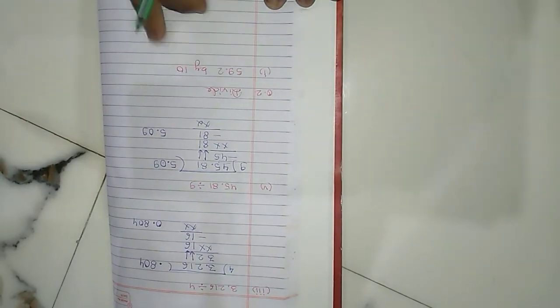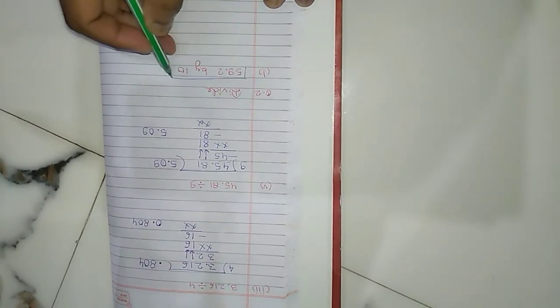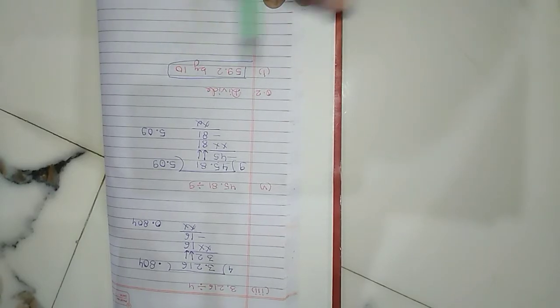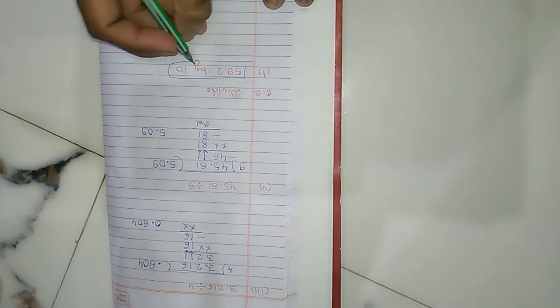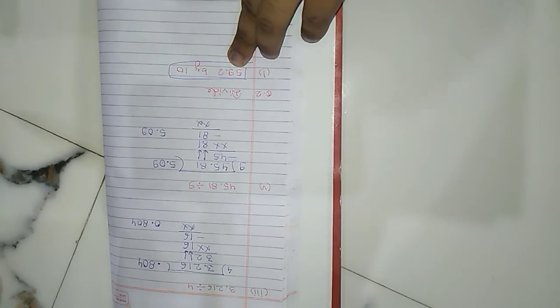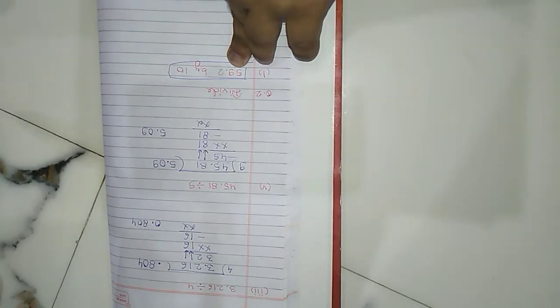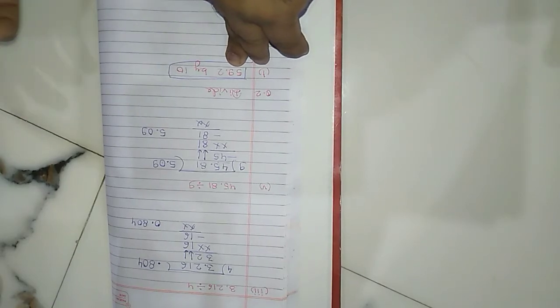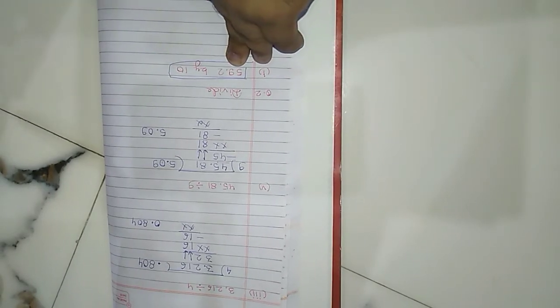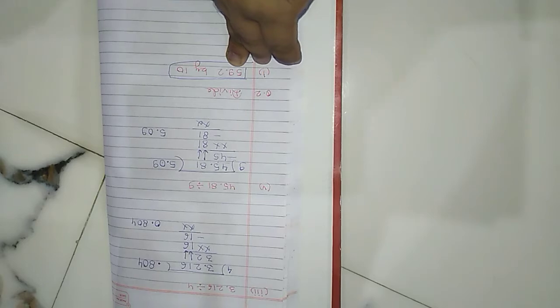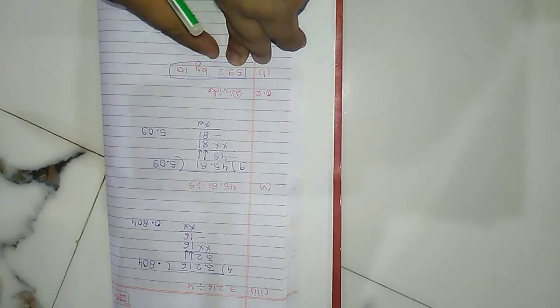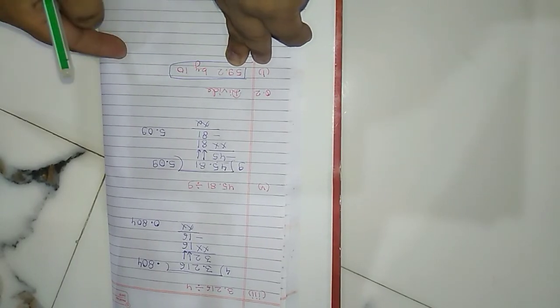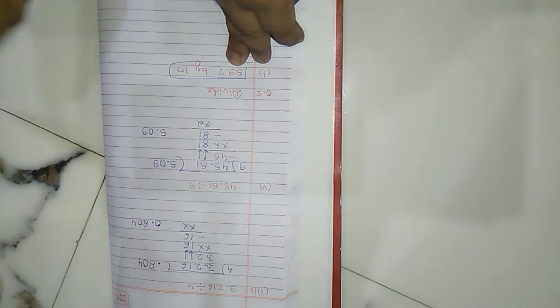Now this one. This method I told you in the previous exercise that when you multiply any decimal number by 10, 100, 1000, then the point will shift to the right side. But when you divide any decimal number by 10, 100, 1000, then the point will shift to the left-hand side.